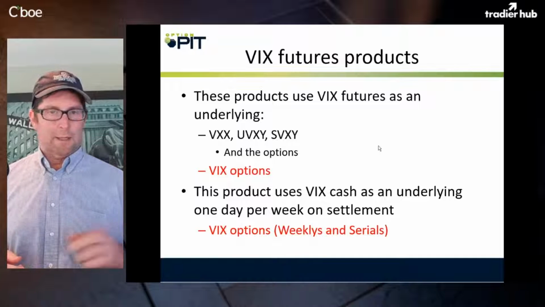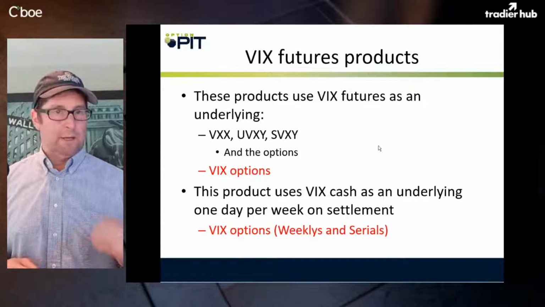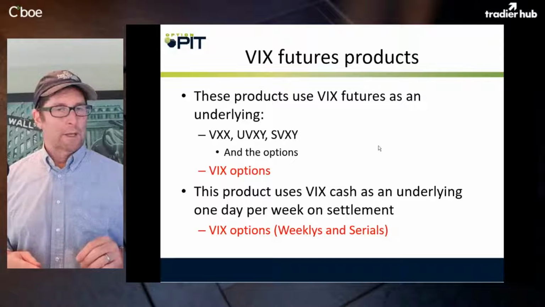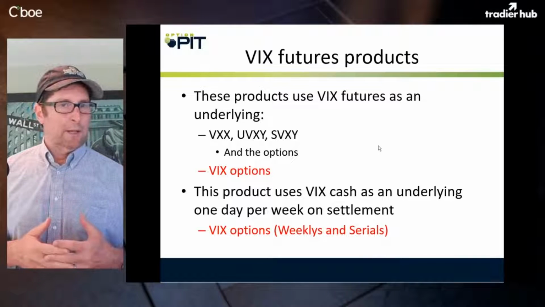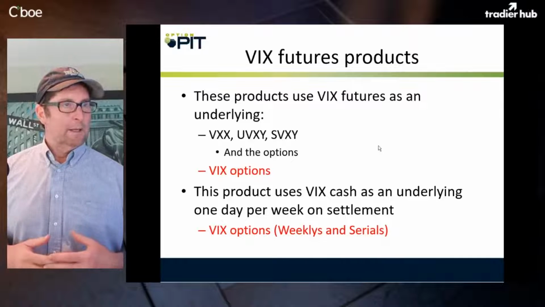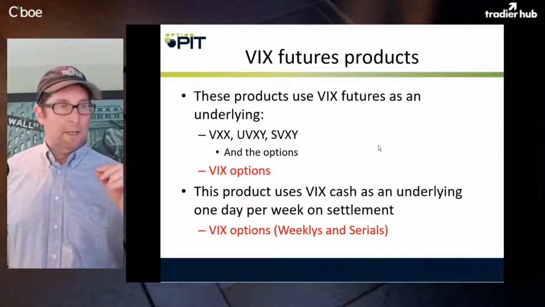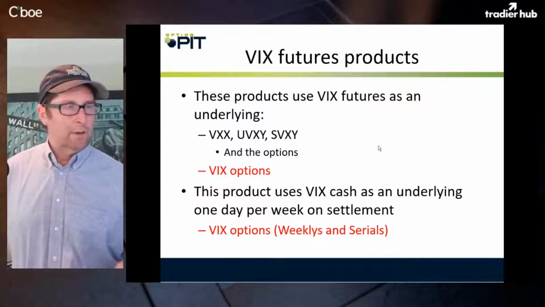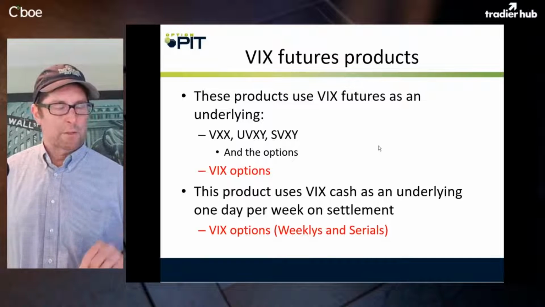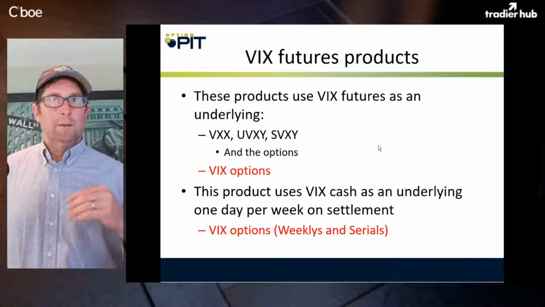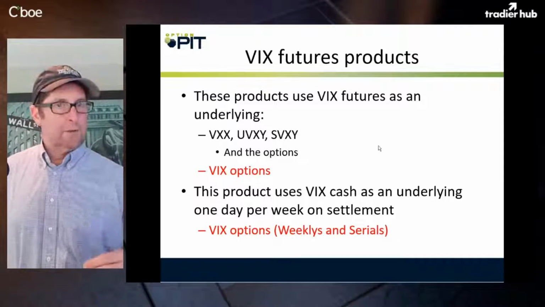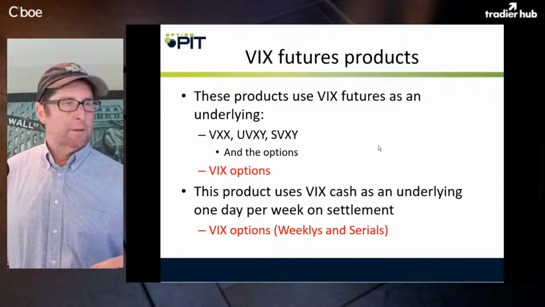Now, the product that uses VIX cash as an underlying does so 1 day per week. The VIX cash only really becomes the underlying on settlement. It is an indicator of where the futures are going, with the futures moving toward the cash VIX. But all of the options are going to trade off of the future, not the cash.